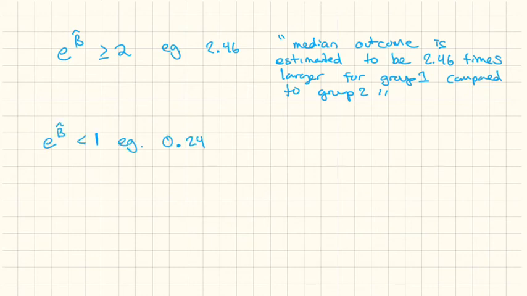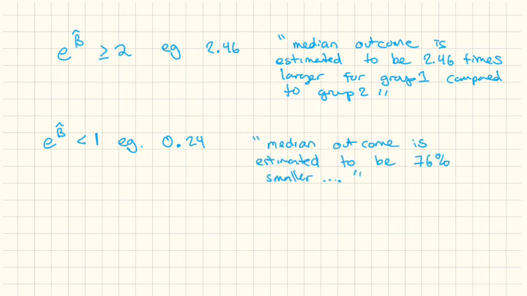Likewise, if it's less than 1, it sounds kind of weird to explain. It's like 0.24 of the bigger one. So instead, I convert it into something where I can say it's some percent smaller. So if one group is 0.24 times the other group, that would be 76% smaller.